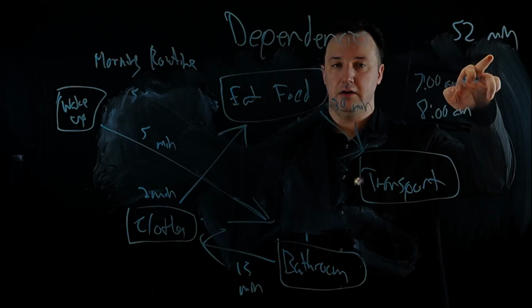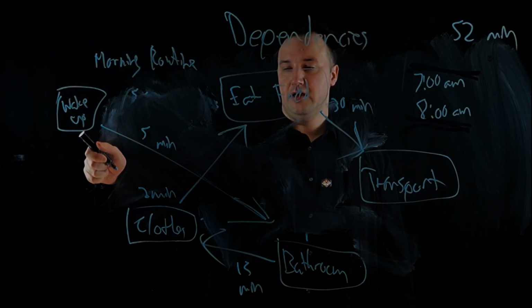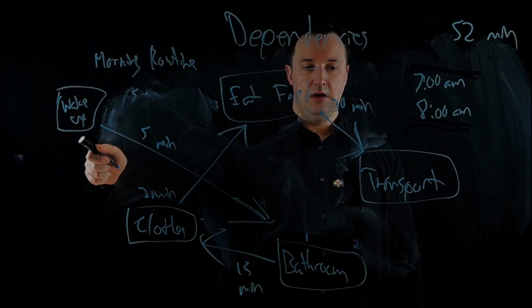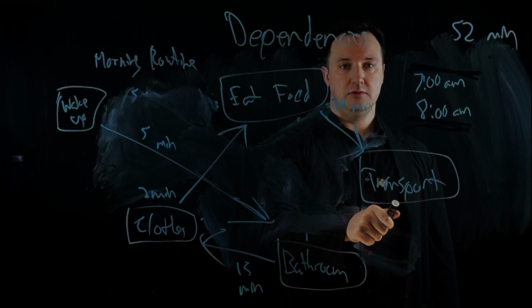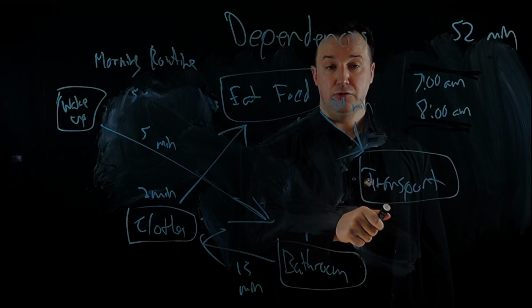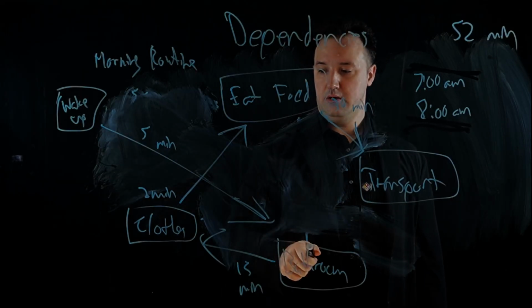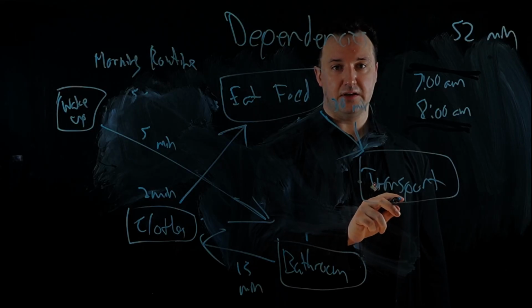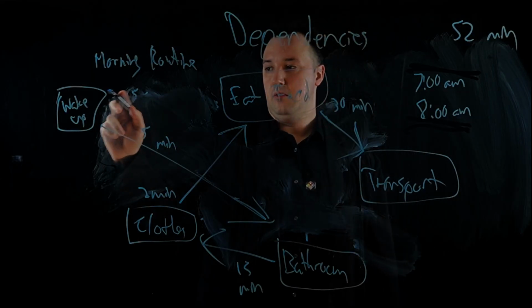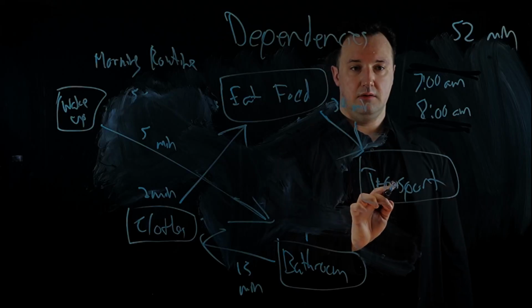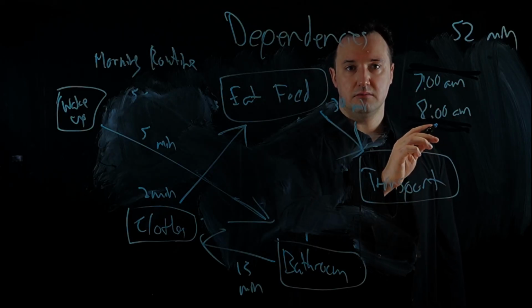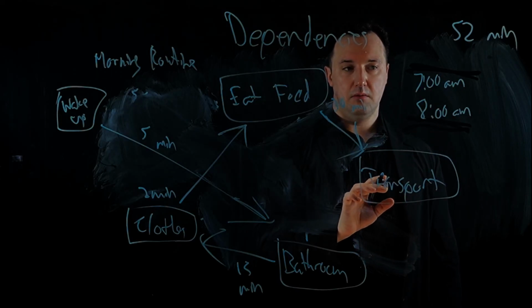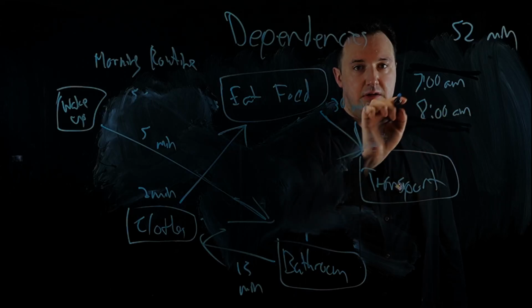Okay, I can tell you that if wake up fails to transportation, it looks like after 52 minutes, transportation starts getting affected, but indirectly, it's really 60 minutes because you've accounted for extra in here.